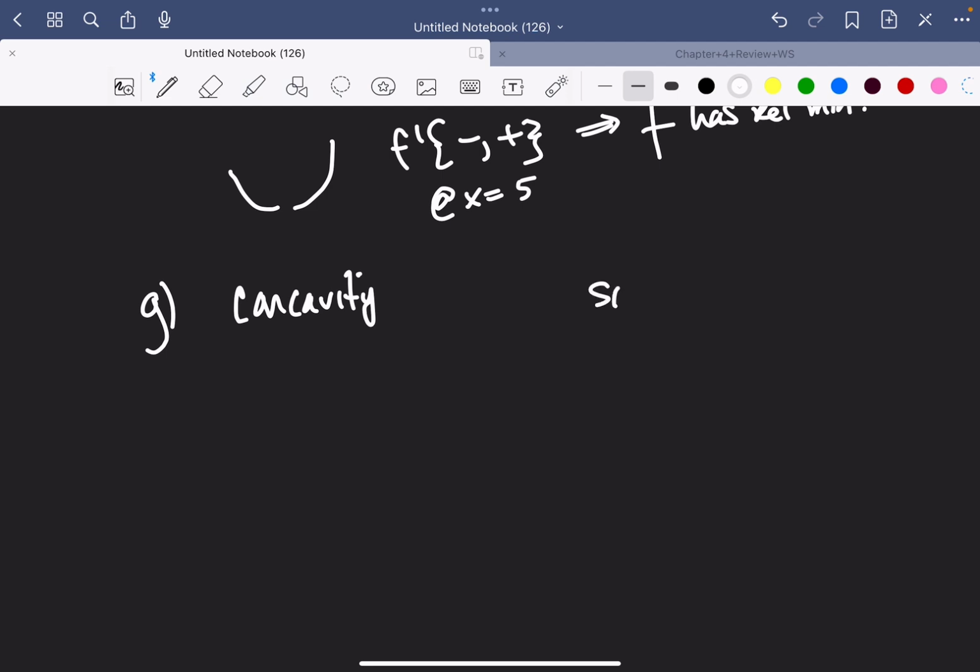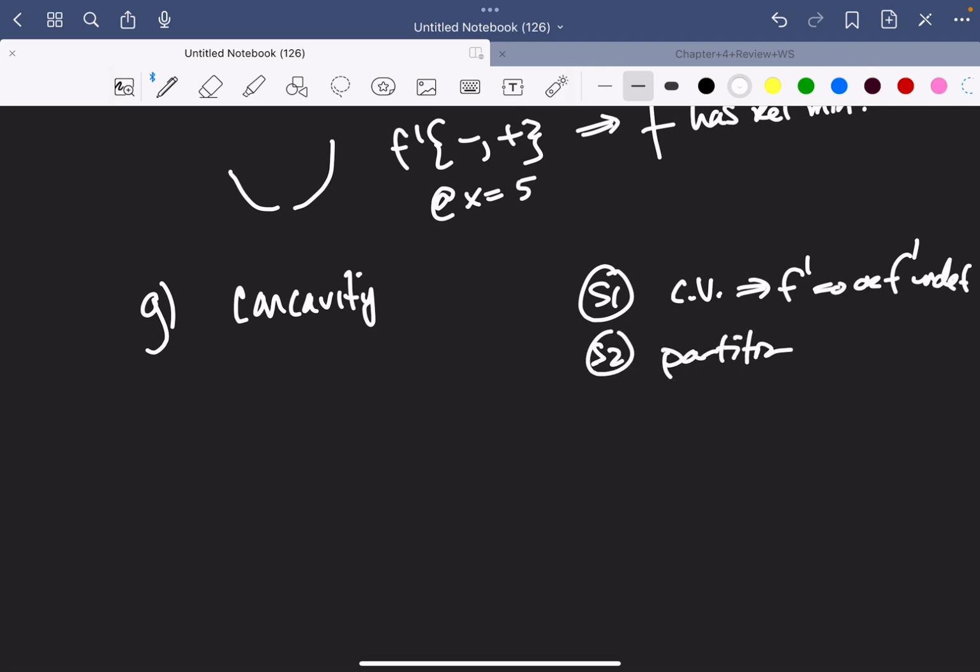Concavity, again, step 1 is going to be to find the critical values. But this time it's going to be setting the second derivative equal to 0 or the second derivative undefined. And then step 2 is going to be to partition, and step 3 is going to be to chart.